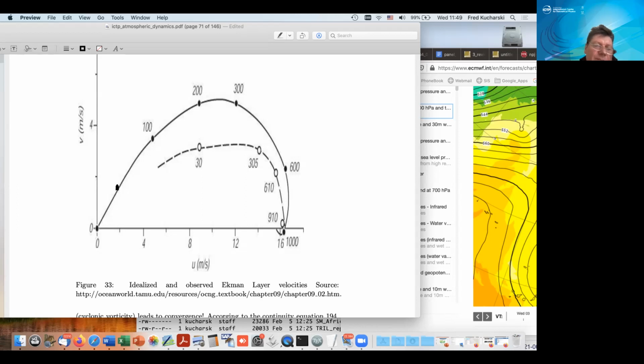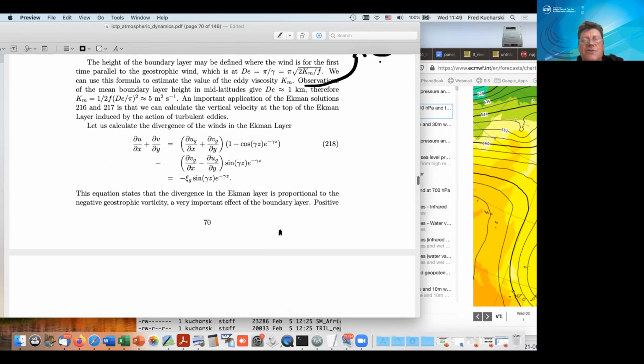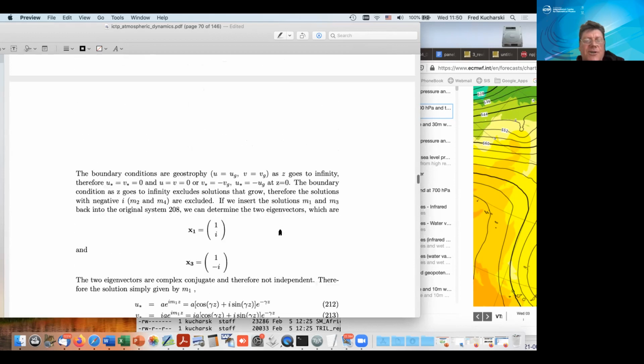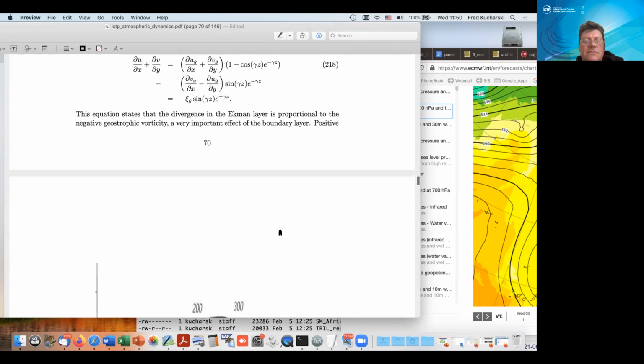So as we go up, the V component in this case becomes large. But then as we go further up, we have to converge to our geostrophic wind, which in this case was assumed to be just zonal. So this is how the solution looks, this rotation of the winds.